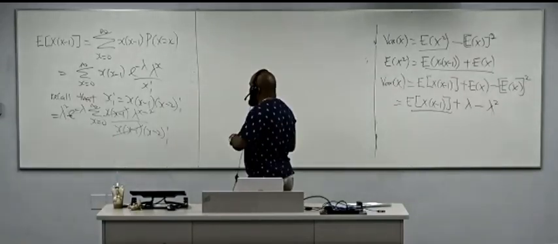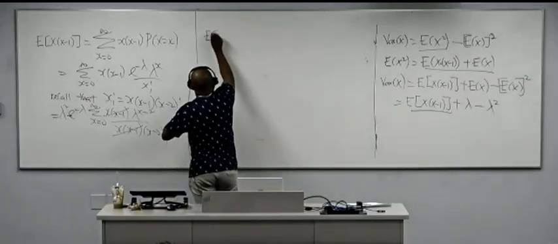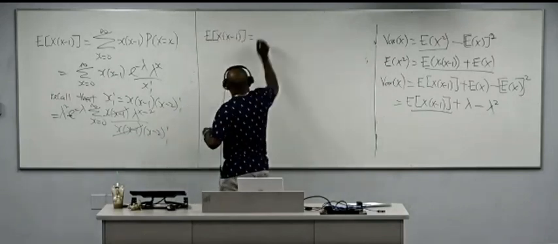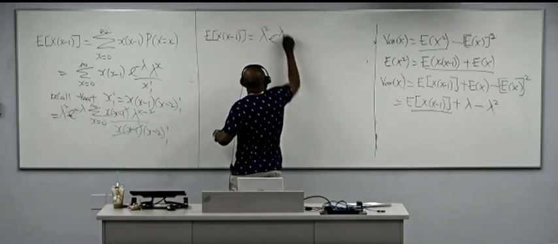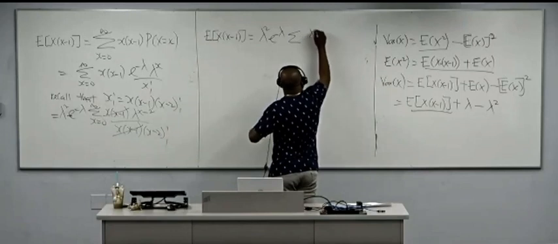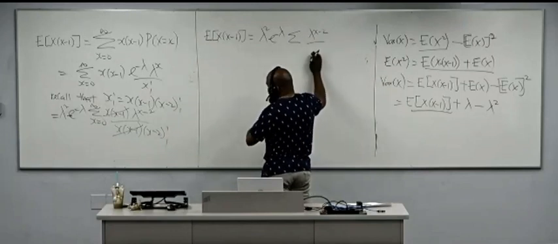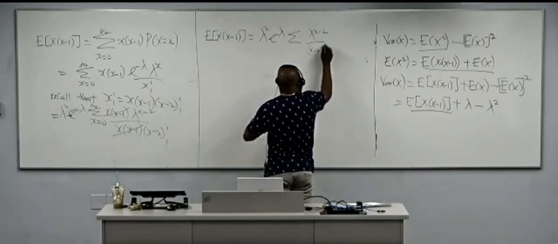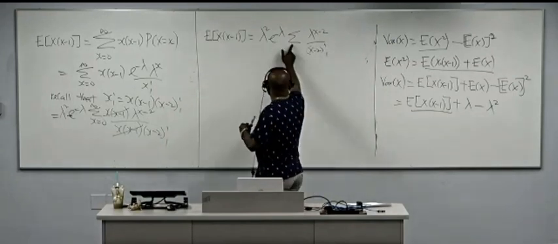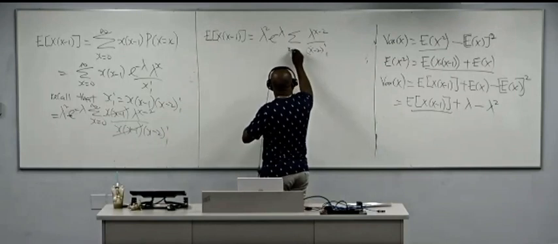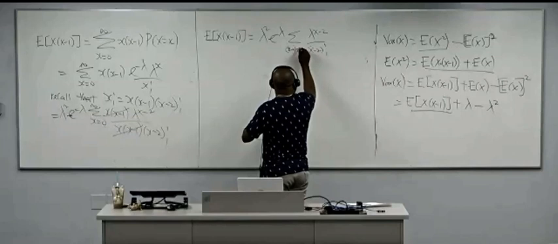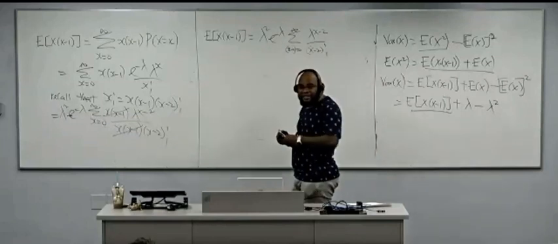So what I'm going to have now is expectation of x into x minus 1 equal lambda squared this guy. Then lambda raised to x minus 2 divided by x minus 2 factorial, and that is going to start from 0 to infinity.